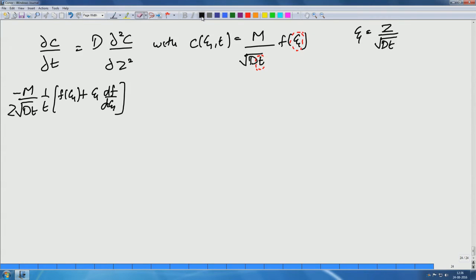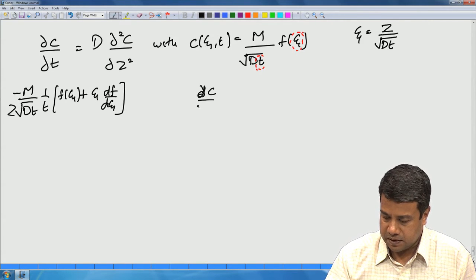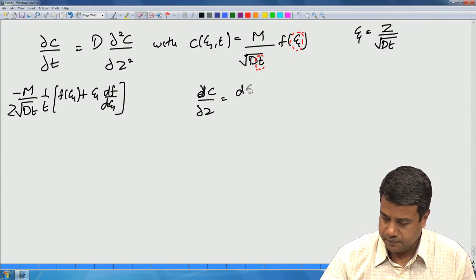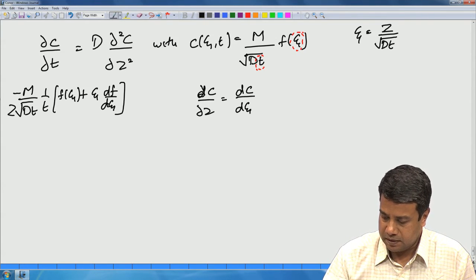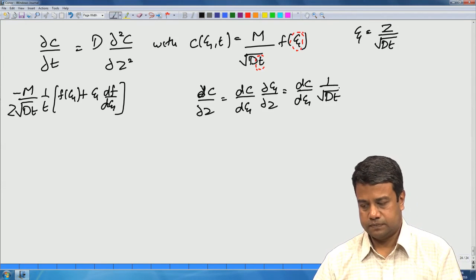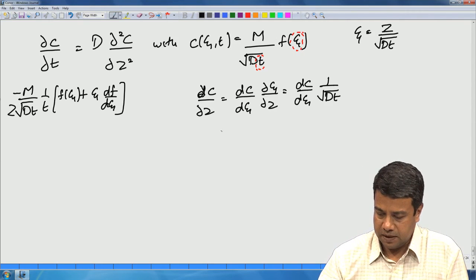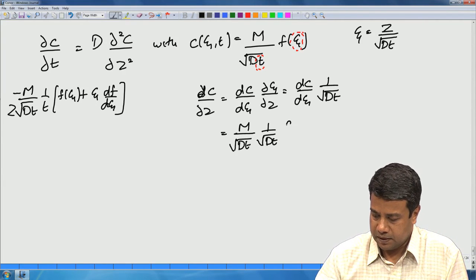What about the right side? Partial c by partial z is equal to dc by d psi times partial psi by partial z, which is 1 by root of Dt. So, this will be equal to m by root Dt times 1 by root Dt, df by d psi.